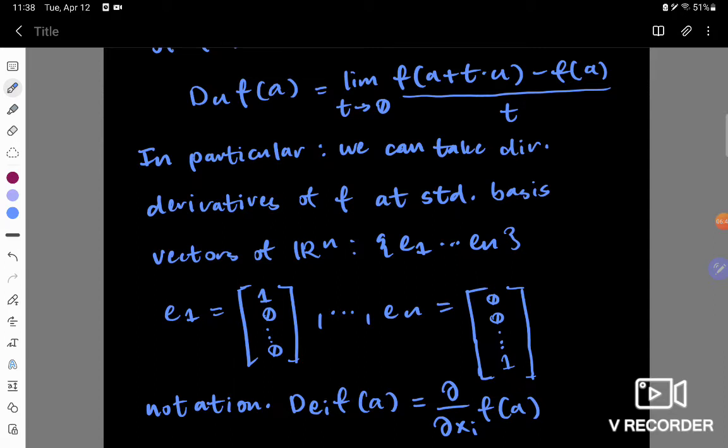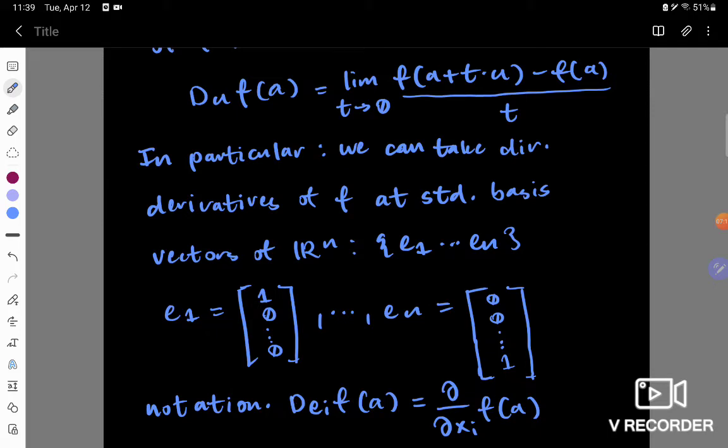If you have in just 2 dimensions your x and y axes, and you look at your standard basis vectors in the x direction and the y direction, it's like breaking it up into the components of how it behaves with respect to one direction versus the other, and differentiating just based on its directional derivative at each.